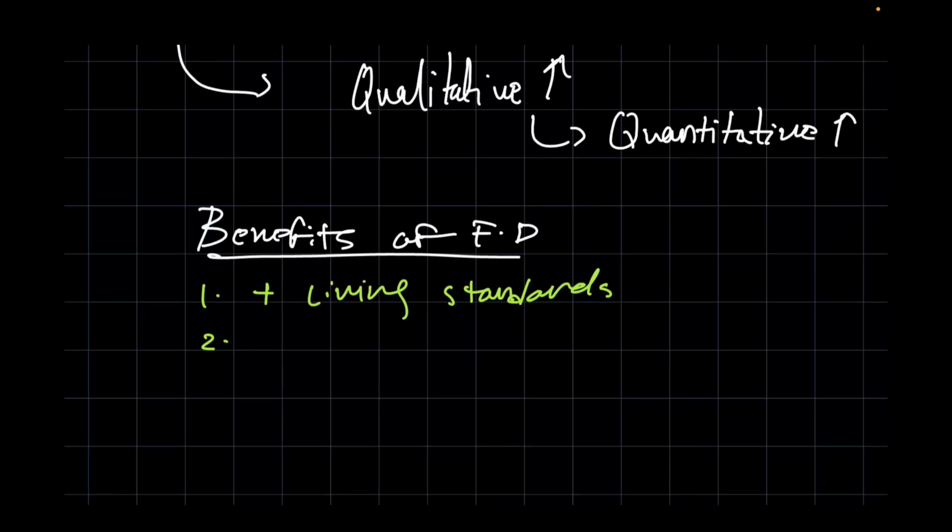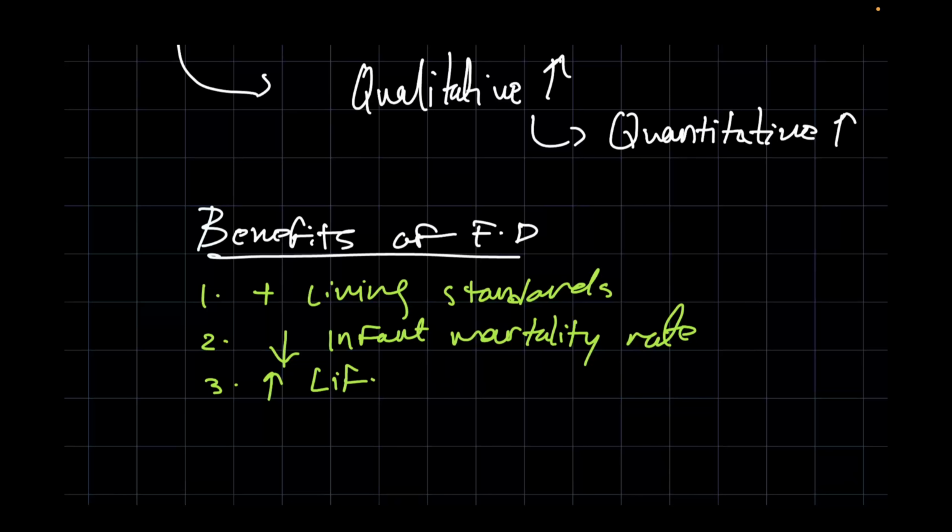Number two, you have decrease in infant mortality rates, which is the number of deaths of infants per 1,000 births. Then you have an increase in your life expectancy, which is the number of years that you expect a person to live on average.